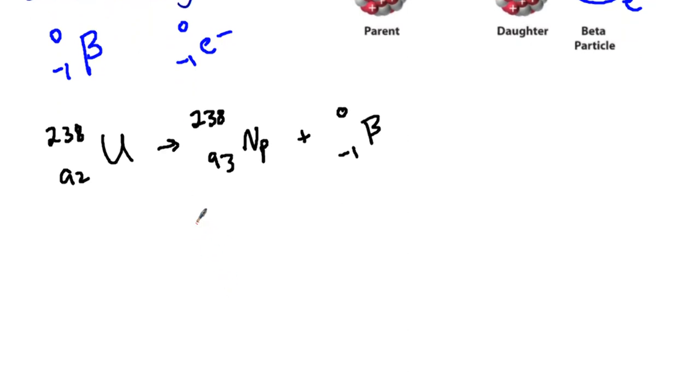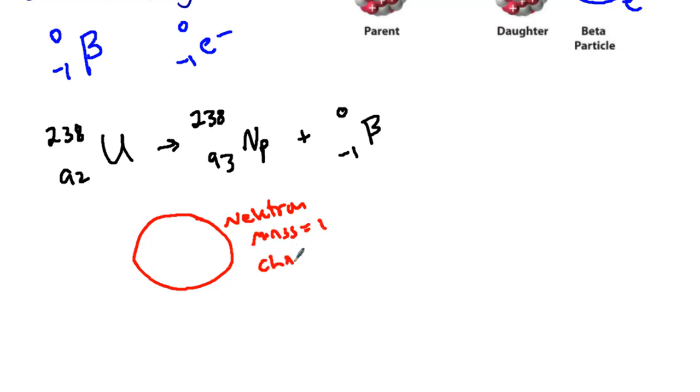If you think about a neutron, what is a neutron? A neutron has a mass of 1. It's got a charge of nothing. Well, what's inside a neutron is a proton, and I'm going to put P for proton. What do we know about a proton? A proton has a mass of 1 and a charge of positive 1.